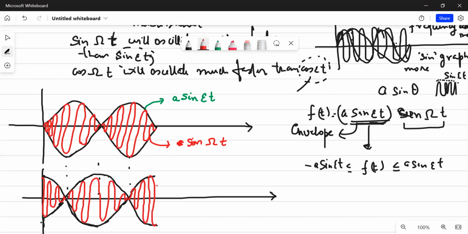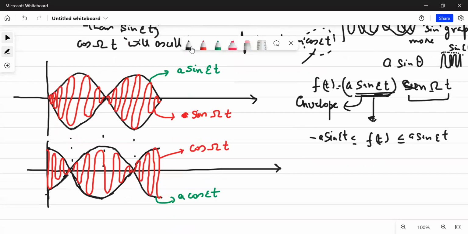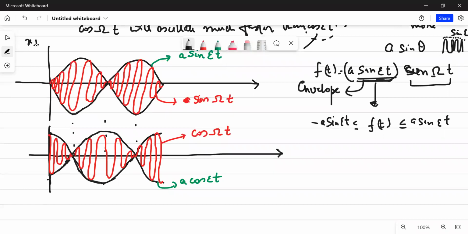So this is your cos omega t, and this is your A cos epsilon t. Is that clear? Now, you can see this is the graph where your displacement as a function of time is plotted for the left mass, and this is the graph where displacement as a function of time is written for the right mass. Is that clear?